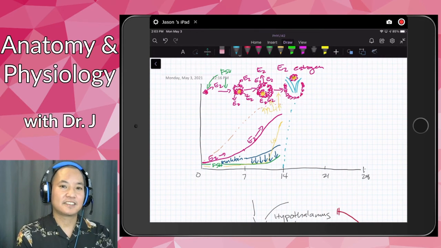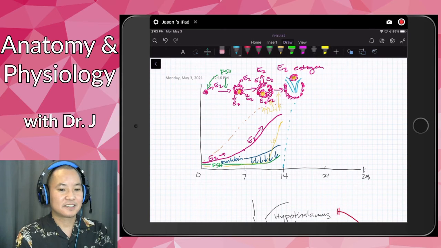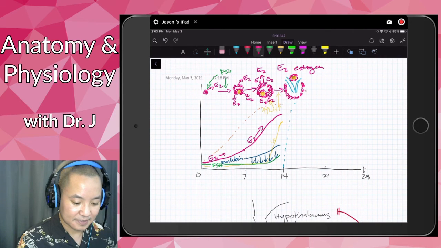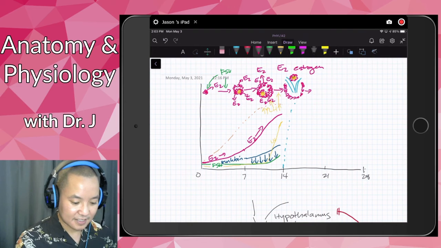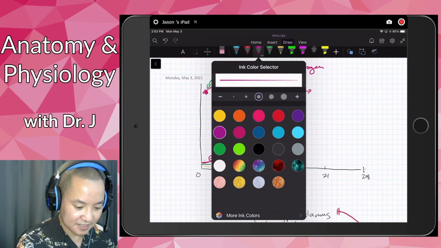Now, this luteinizing hormone does something special. It converts the follicle into the corpus luteum. So now our follicle is spent, and the interesting thing is now it's going to change.